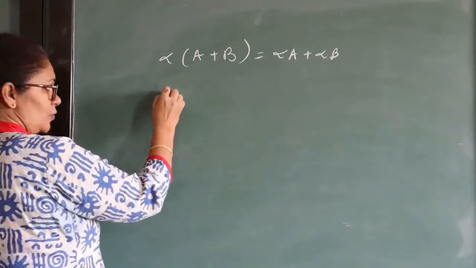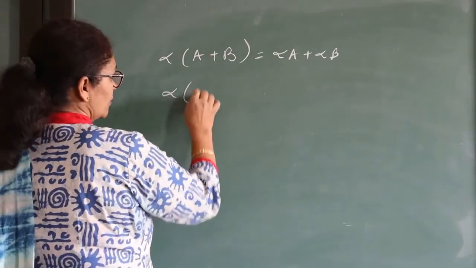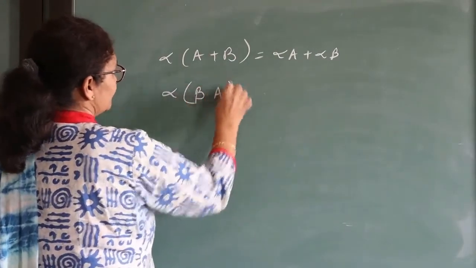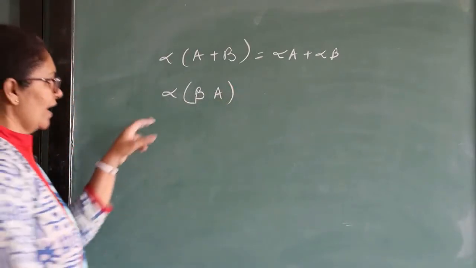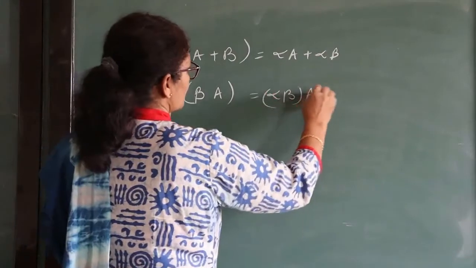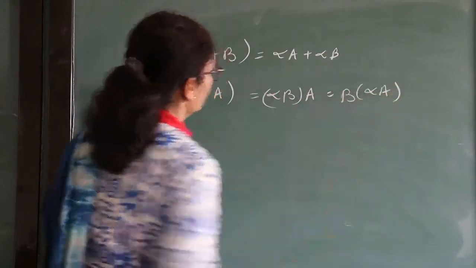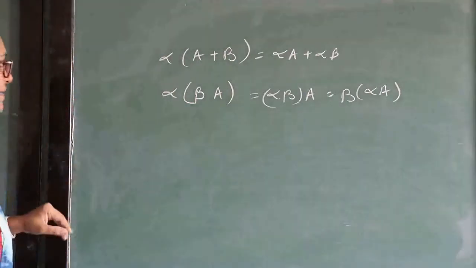Now second, suppose you have given alpha into another constant beta into A, then we can write alpha beta into A also, or beta into alpha A also. You can mention it anyways.